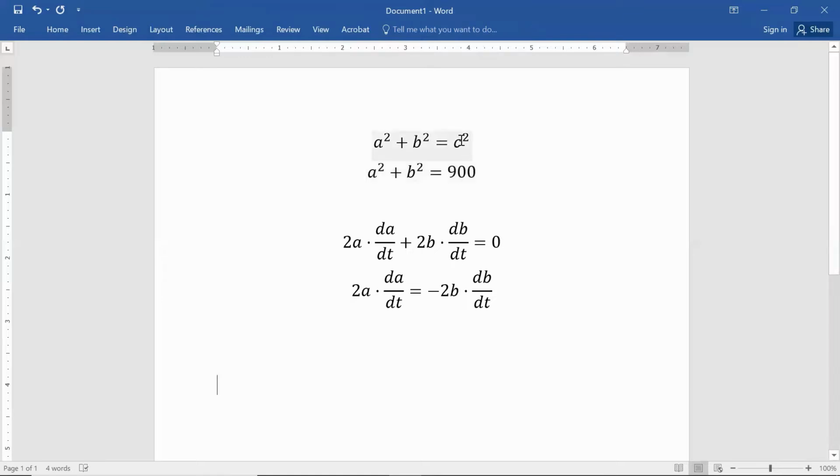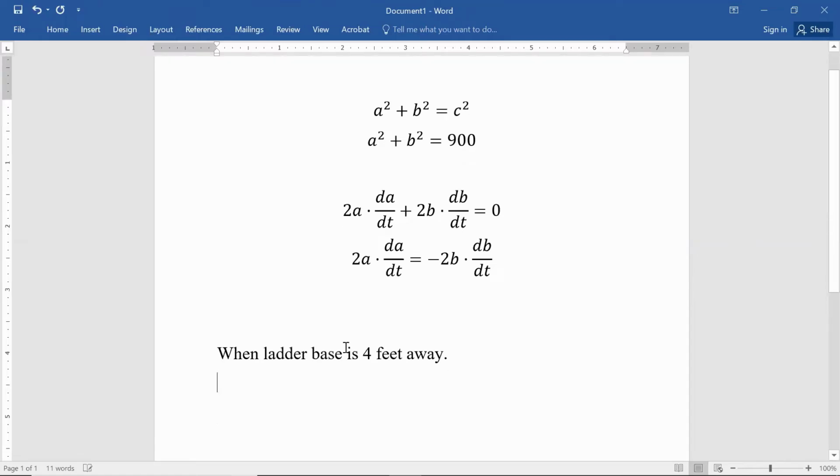So the first measurement is when the ladder's base is 4 feet away from the barn. Okay?